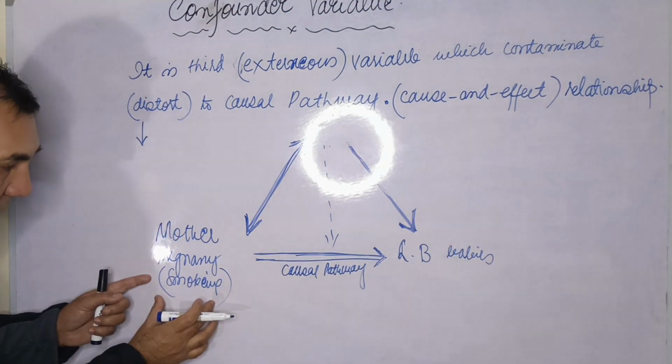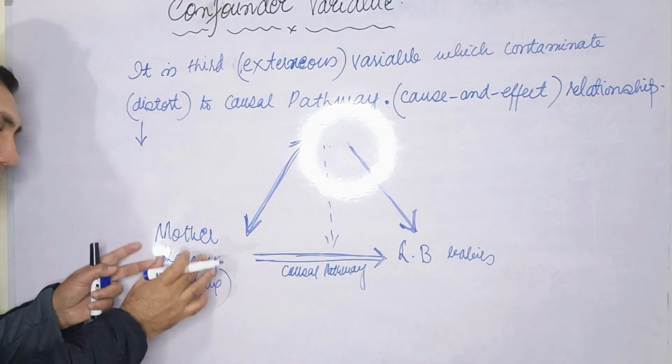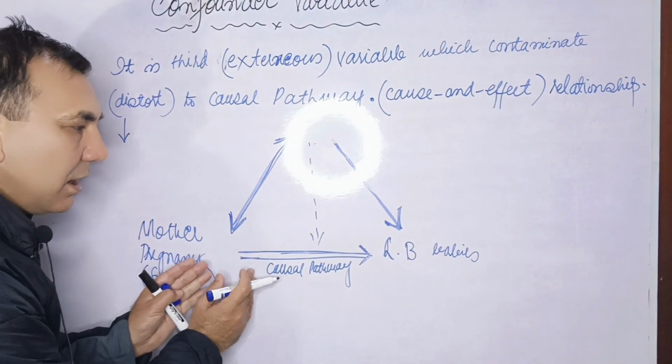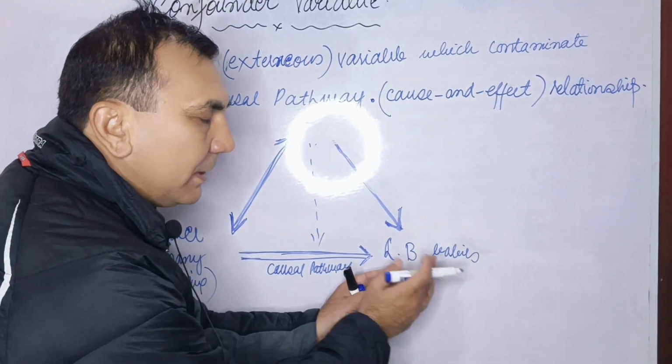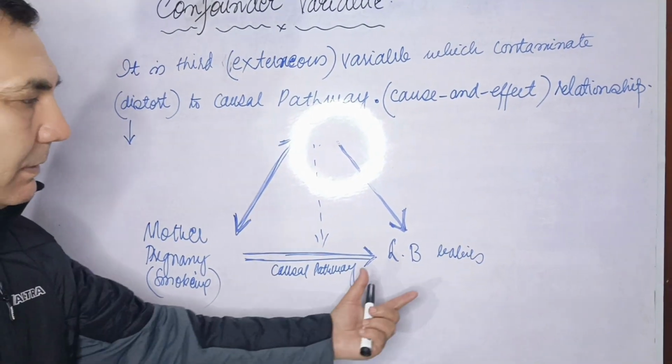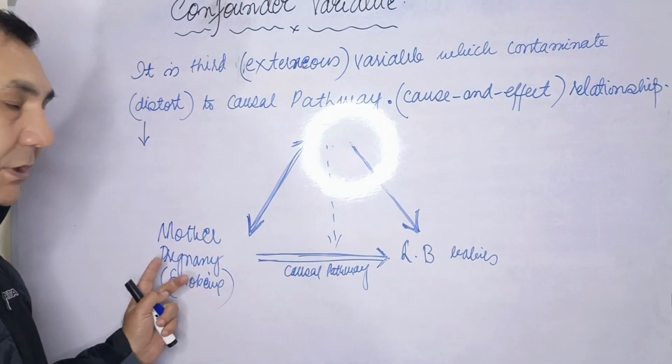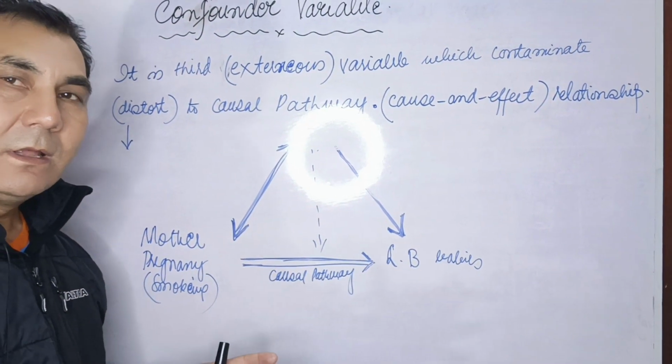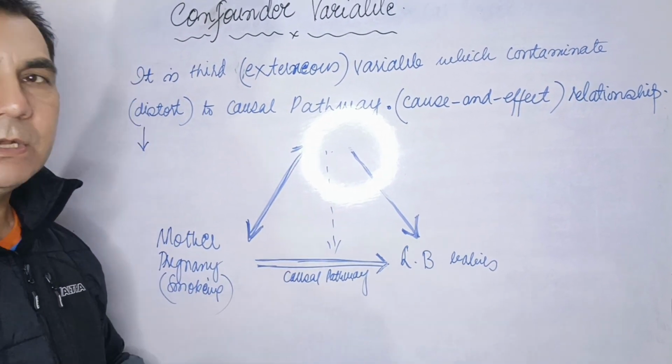Now the smoker mother during pregnancy is the cause of the low birth weight babies. The baby will be born with low birth weight because their mothers are smokers during the pregnancy time period.